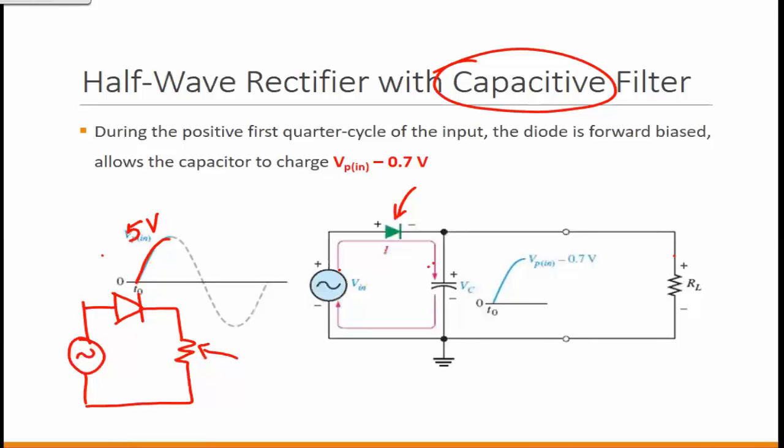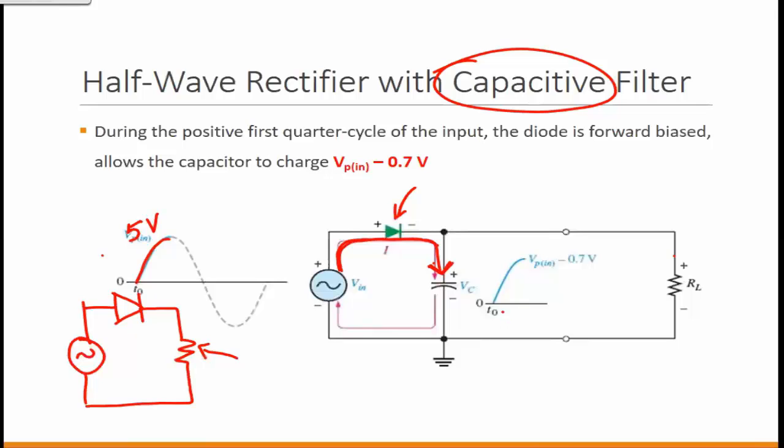But once the diode allows the current, that voltage is used to charge the capacitor. Right? So whenever you have a current flow allowed by the diode, that voltage will be used to charge the capacitor.